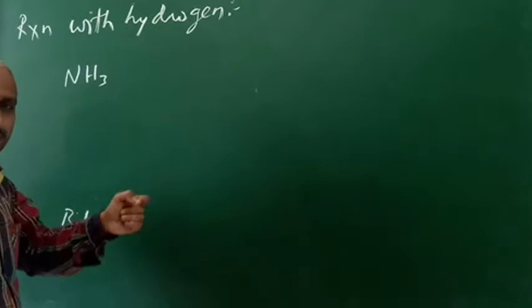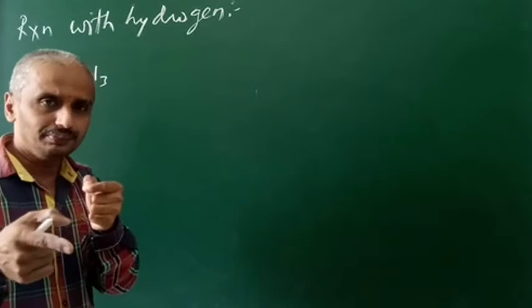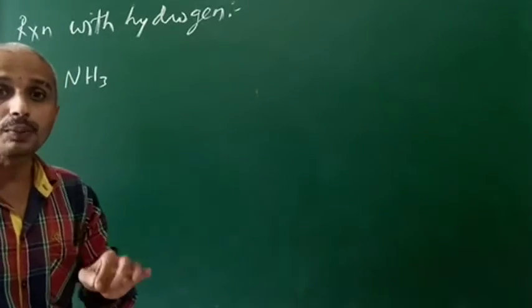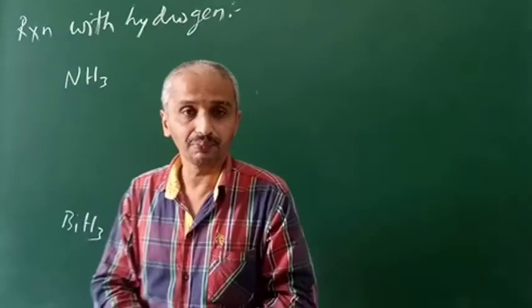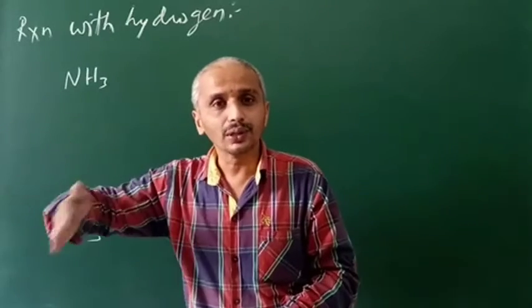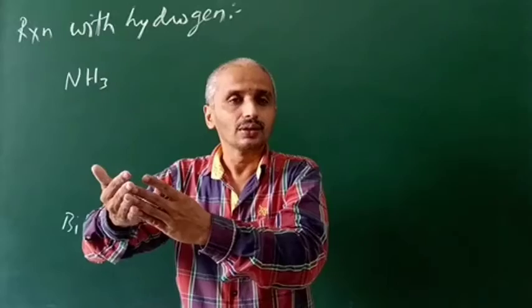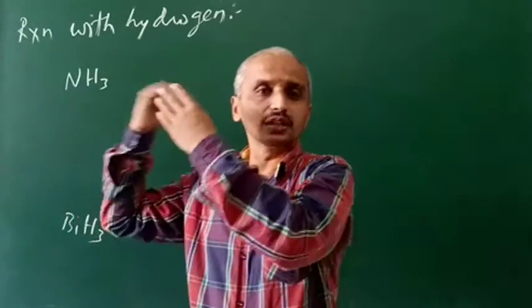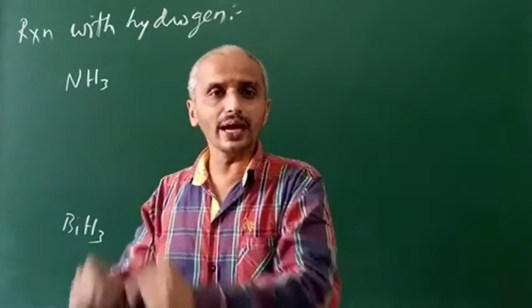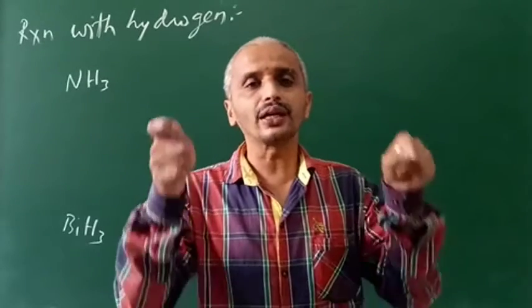Again, as the size becomes bigger and bigger, bond breaking is easy, which means the ability to give hydrogen will increase. Loss of hydrogen is oxidation, and the given hydrogen can be taken by other substances to get reduced.